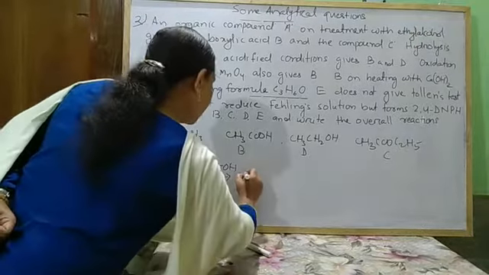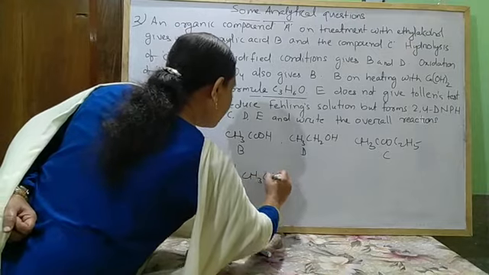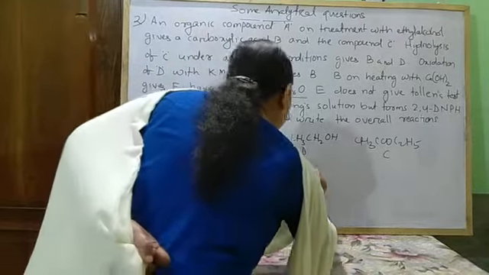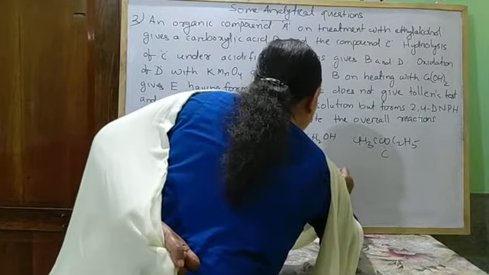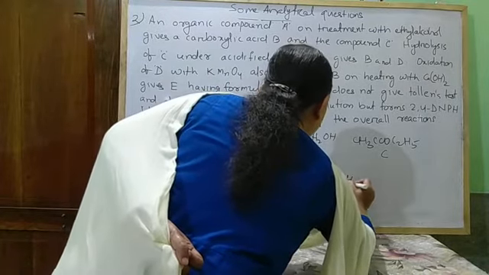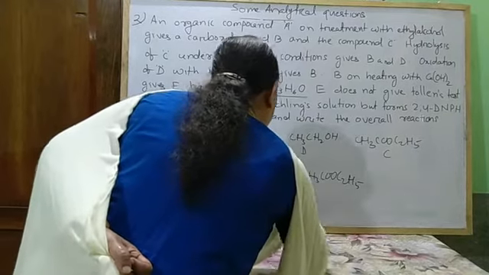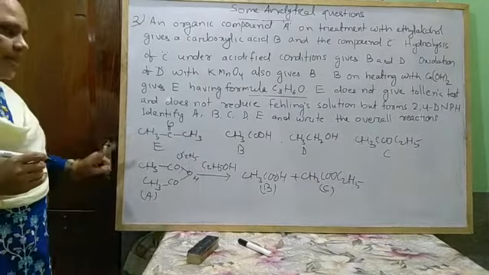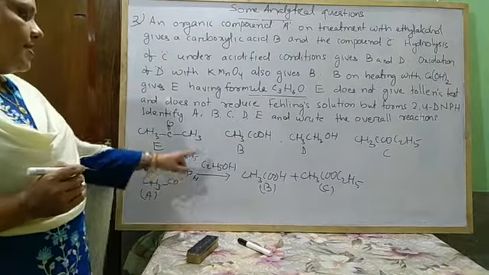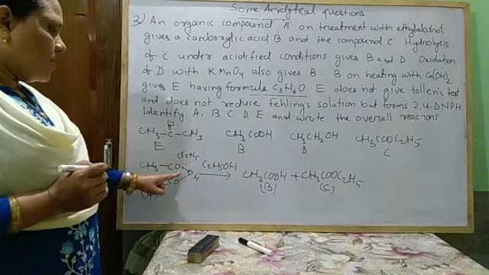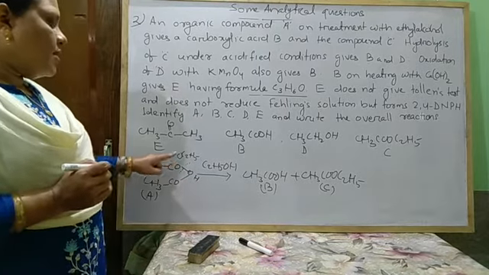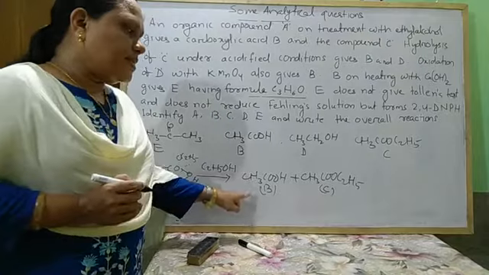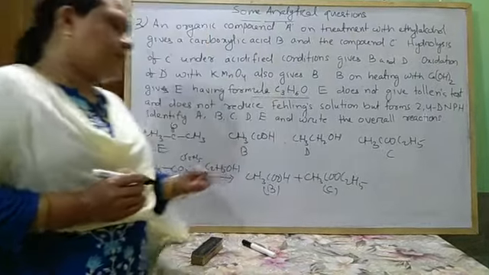So in this we get acid plus ester, this is your B and C. Acid anhydride when treated with ethyl alcohol, bond breaking takes place, H here and OC2H5 here. In this way it forms acetic acid and ethyl acetate.